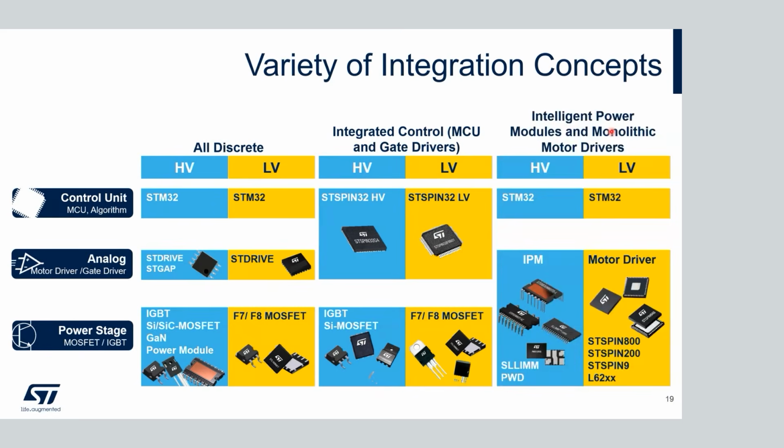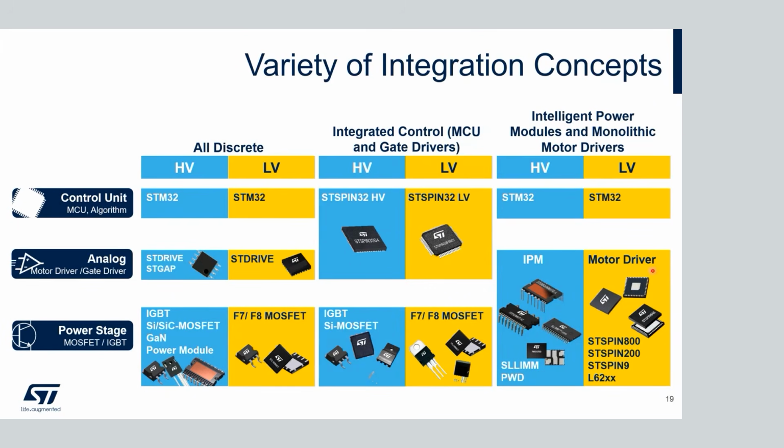And the other integration approach would be intelligent power modules or monolithic motor drivers. Here's also a small but very important difference, and we see that in the voltage rails. So intelligent power modules need again the traditional standalone discrete microcontroller, but they converge the gate drivers with the power switches. And here the families are called SLIM or PWD.